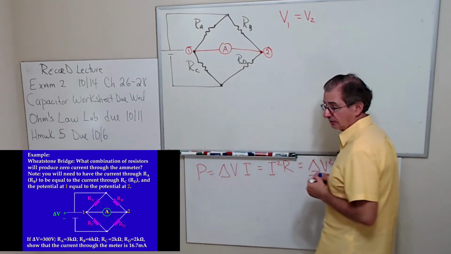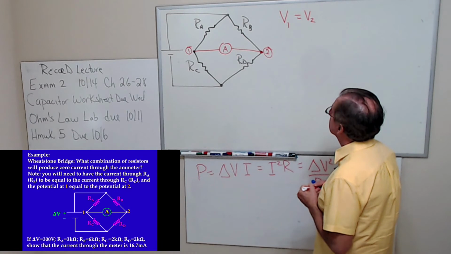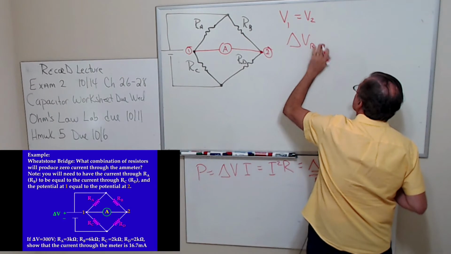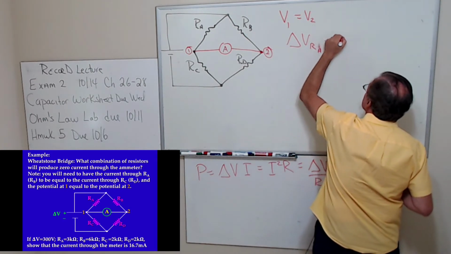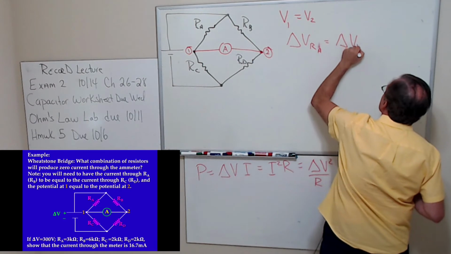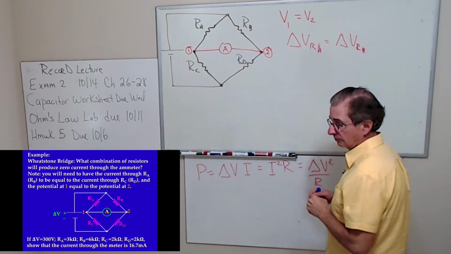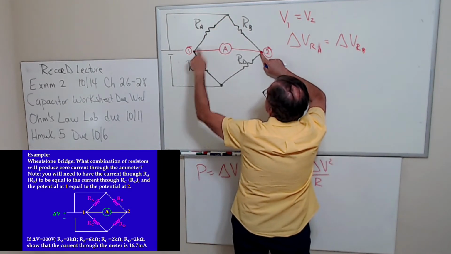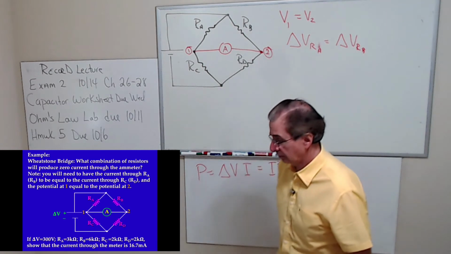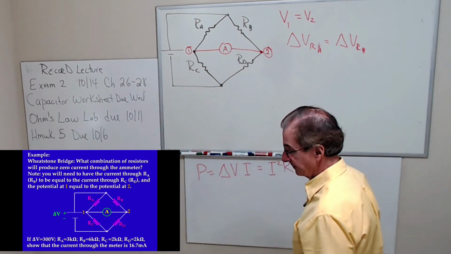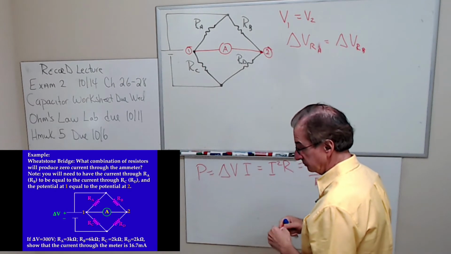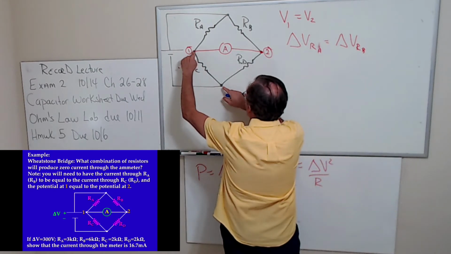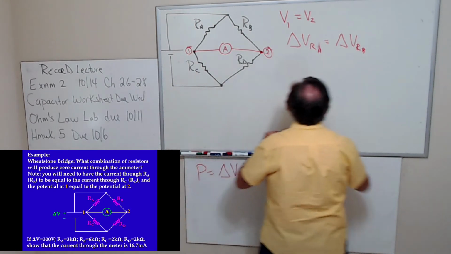If that's the case, then isn't it true that delta V of RA is equal to delta V of RB? Because both resistors have the same potential here, and both resistors are going to have the same potential here. So the drop is going to be the same on both. Does that make sense? And in fact, the drop from here to here and the drop from here to here are the same.